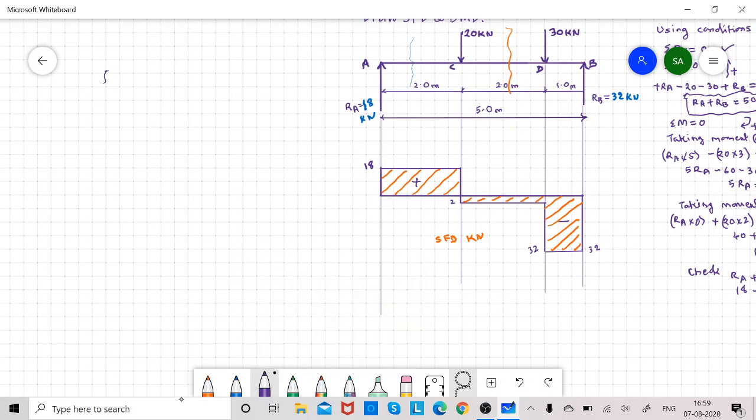For bending moment, the sign convention: this is the section, this is clockwise moment, this is anti-clockwise moment. This is LHS, RHS. This is positive, this is negative.